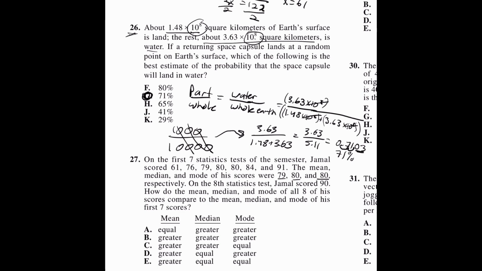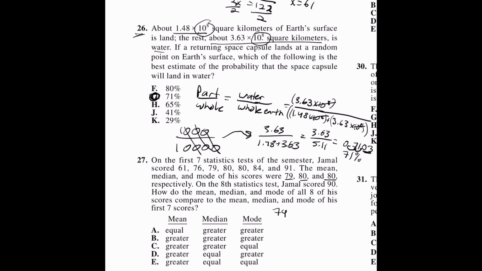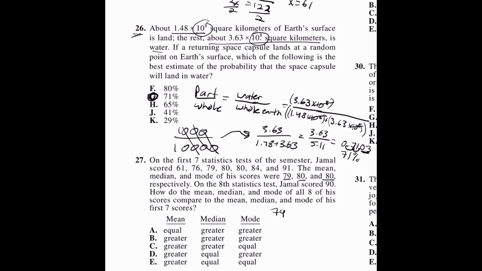So let's look. The mean, we know, is going to increase. Why? Because his current mean is 79, okay? And his new test score is 90. Whenever you add this to these numbers, that's going to increase his mean because his new score is higher than his mean. So that means it will increase.